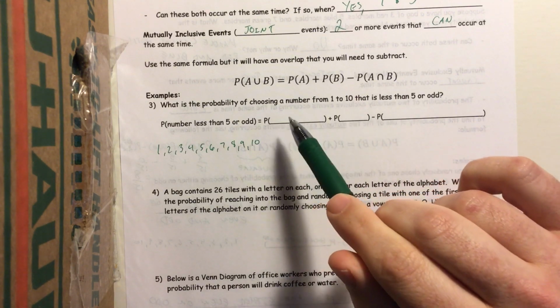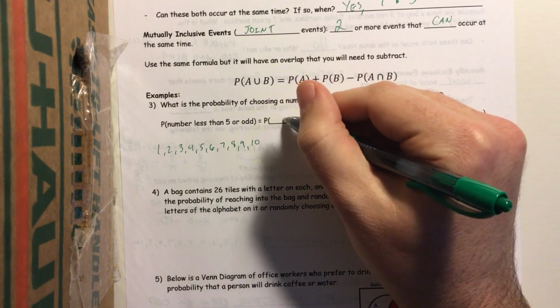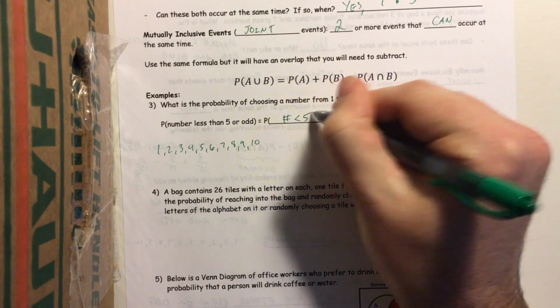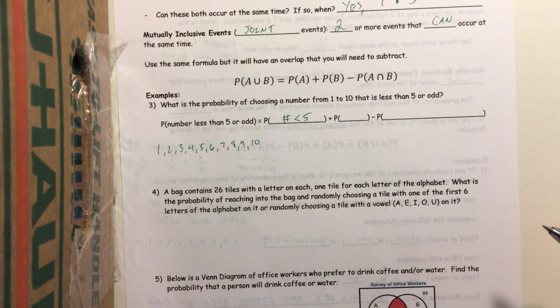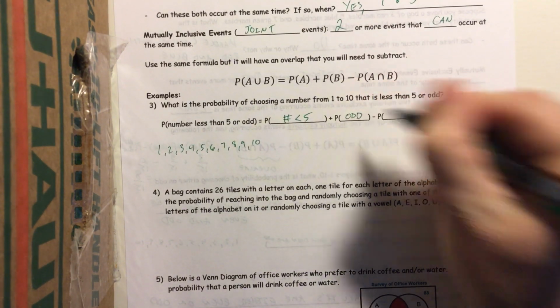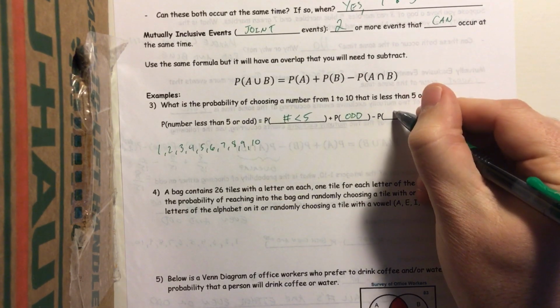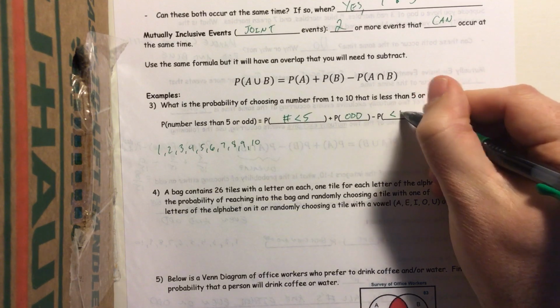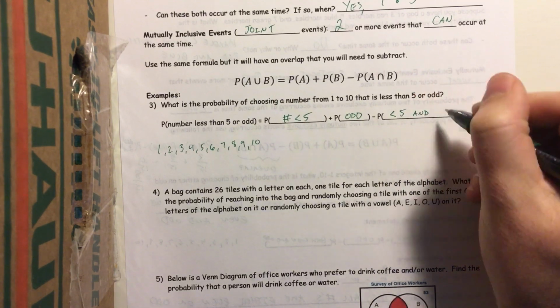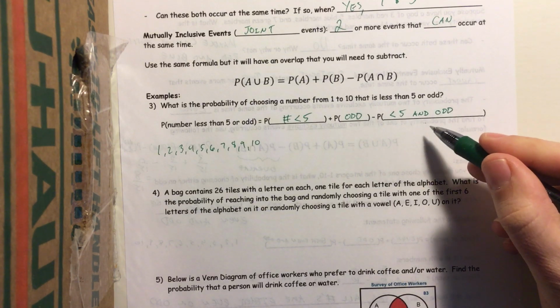So first, find the probability of a number less than 5. We're going to want to find the probability of an odd number as well. And then we want to subtract out the probability of finding a number that is less than 5 and also an odd number. These exist this time.